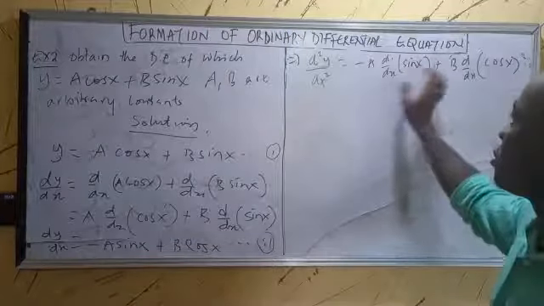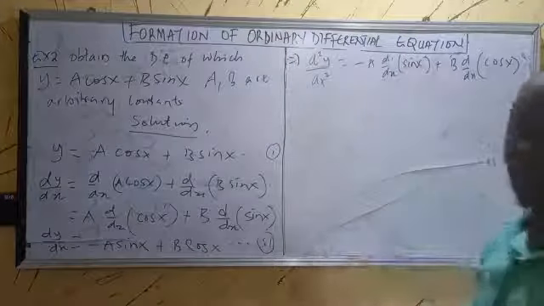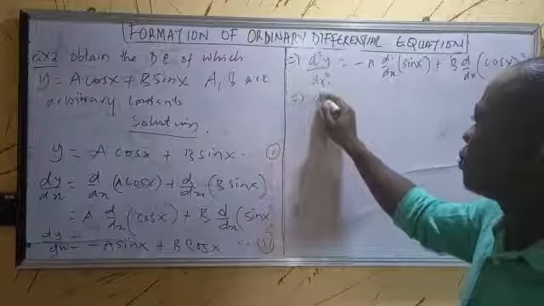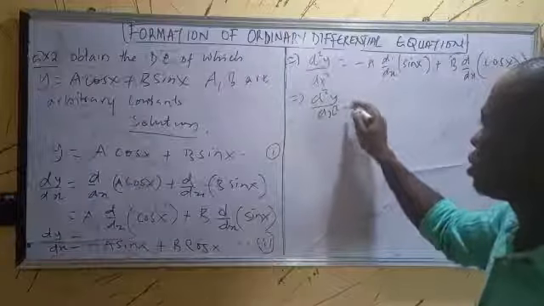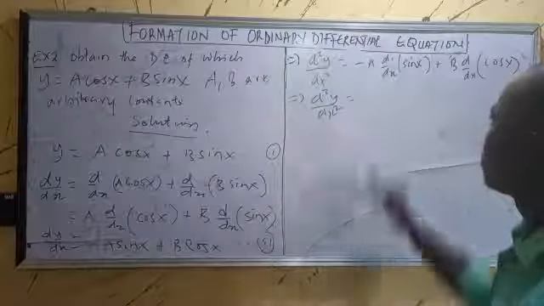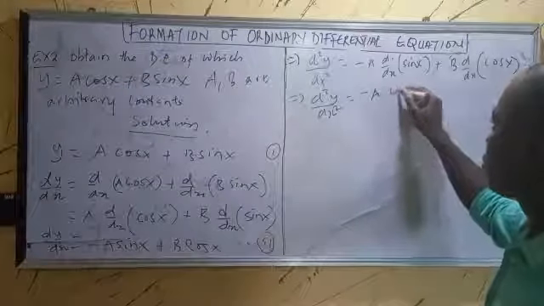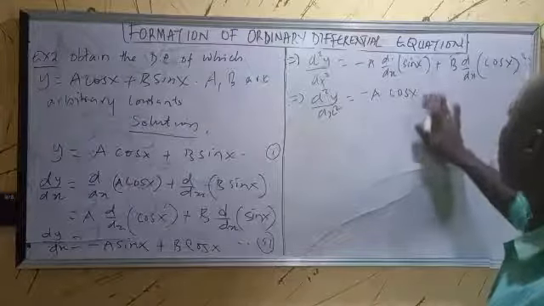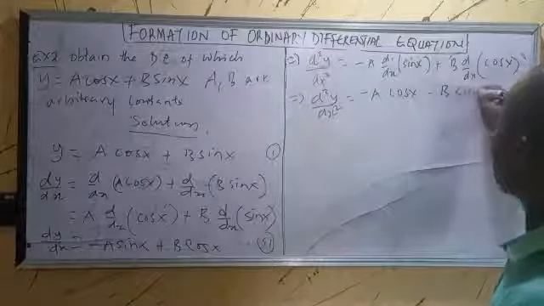That's why we left inside this bracket to be functions of x ordinarily. So from here, we have d squared y over dx squared equals minus a times the derivative of sin x, which gives cos x. Then the derivative of cos x gives minus sin x, therefore we have minus b sin x.